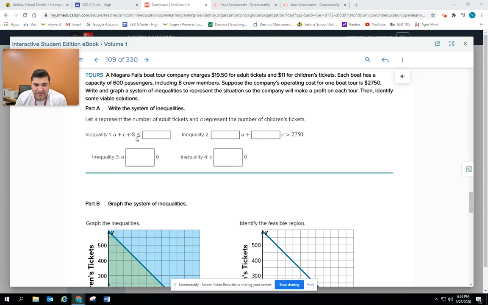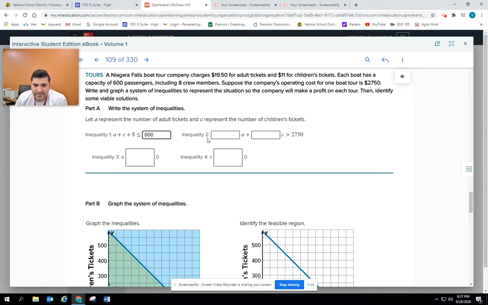And all together, we have to have less than how many? As stated up here in the question, each boat has a capacity of 600. So we cannot have any more than 600. That is the max.